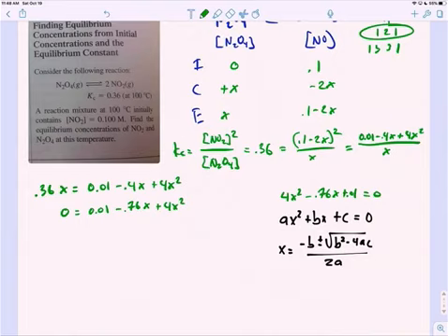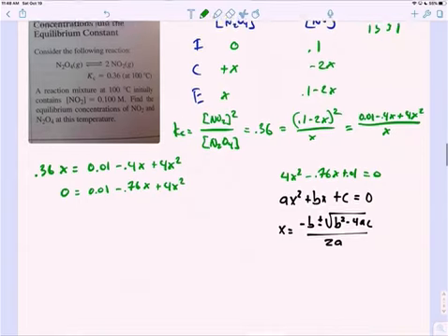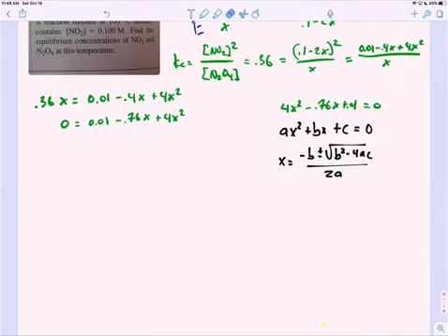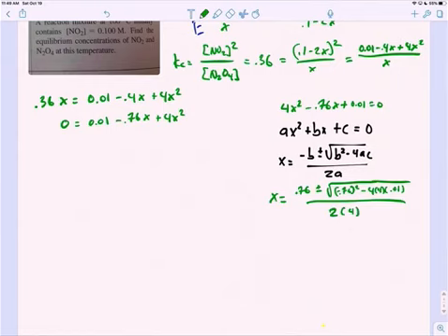So that is, and I've written above, you can apply maybe your favorite equation, the quadratic equation. So that means x equals negative b, so 0.76 plus or minus the square root of b squared, so negative 0.76 squared, minus 4 times a, which is 4, times c, which is 0.01, all over 2 times 4.